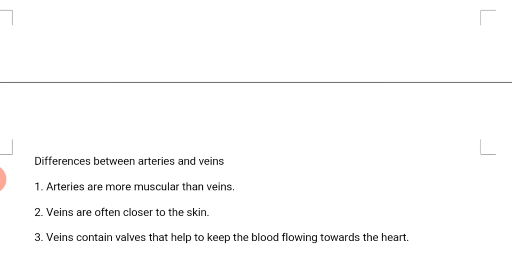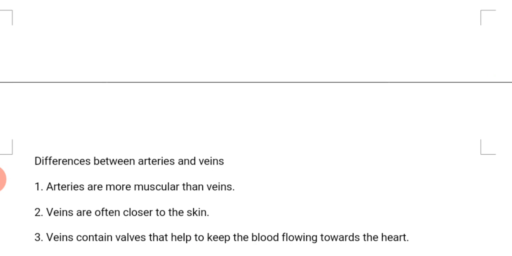So now that will lead us to differences between the arteries and the veins. That is, what do they have in contrary? That is, what arteries have and the veins don't have.